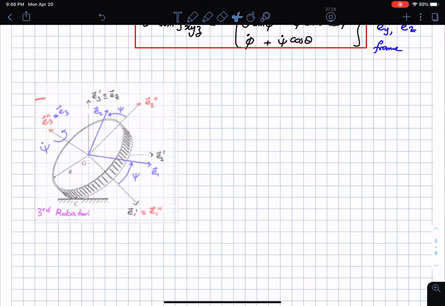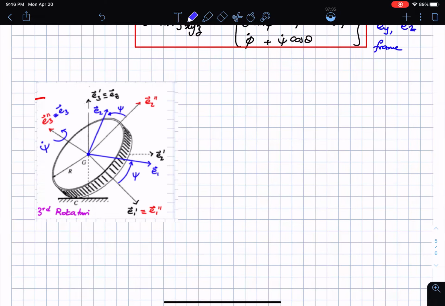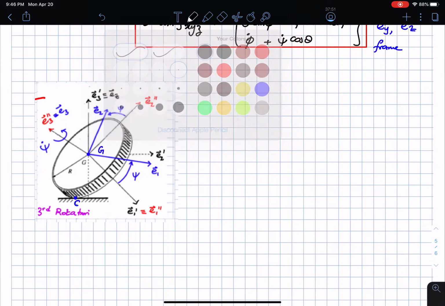Here is what we're going to say. The center of mass of the body is this point here, which is labeled as G in the figure. Here is the contact point, which we called point C. Now you see that the radius is going to be pointing along the direction of the E2 double prime vector.